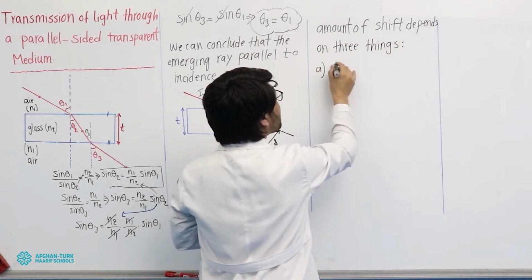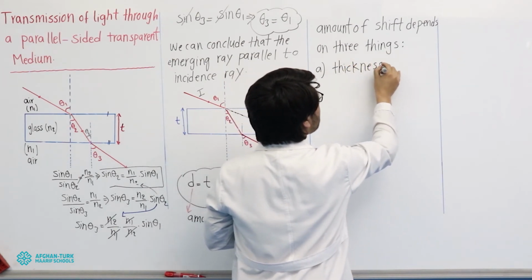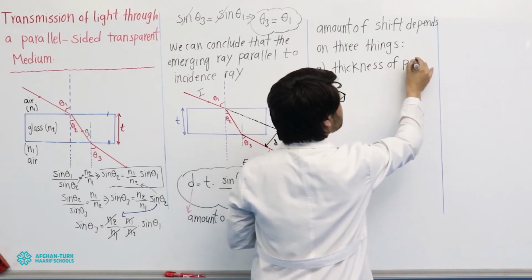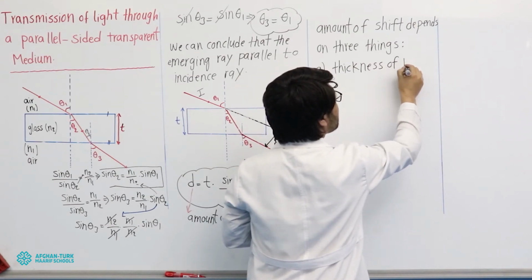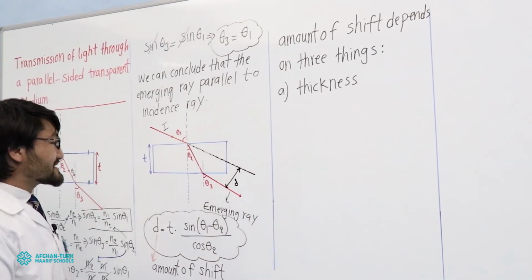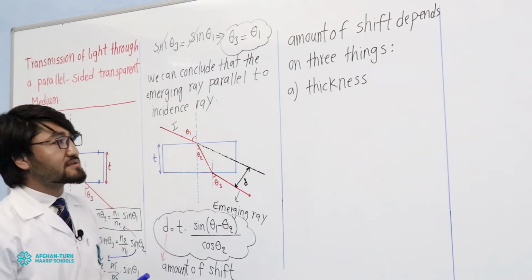A, thickness of the transparent medium. I will just write thickness. You know thickness. This is the thickness of the transparent medium or transparent objects.